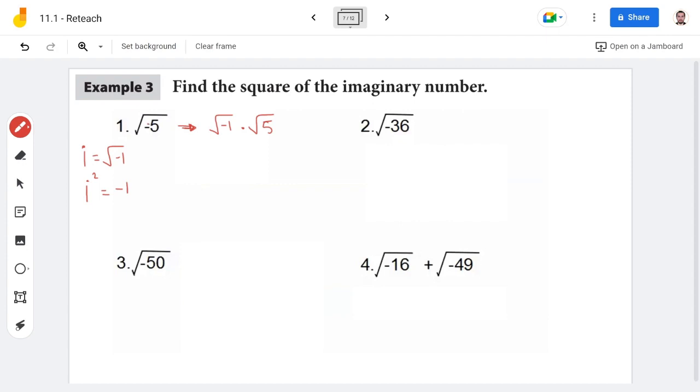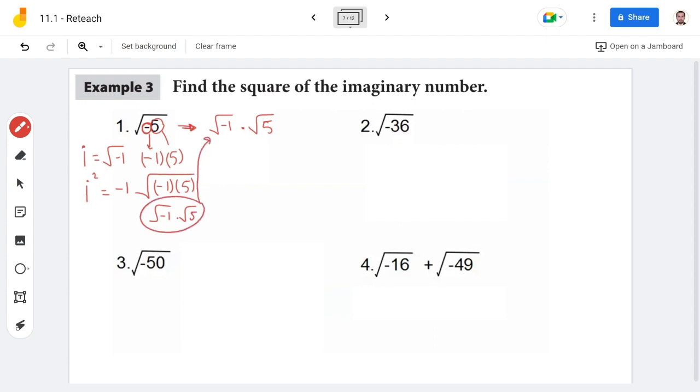Because whenever you have a negative under the square root, this means negative 1 times 5. So we can split this into the square root of negative 1 times the square root of 5. That's what I did here, right?